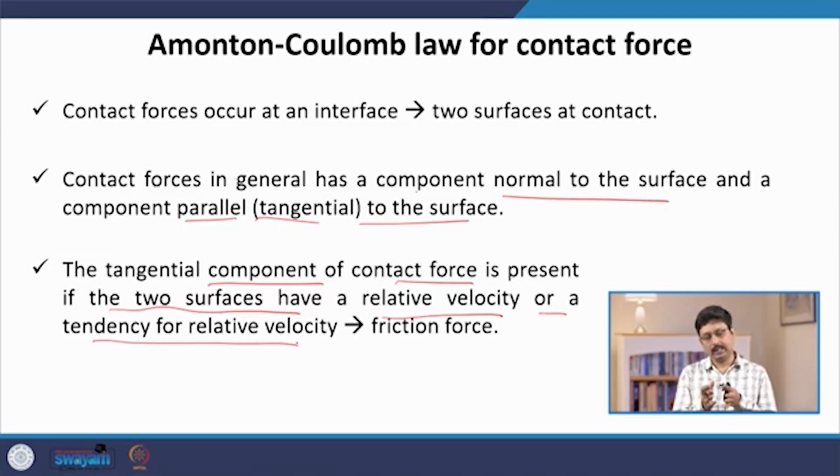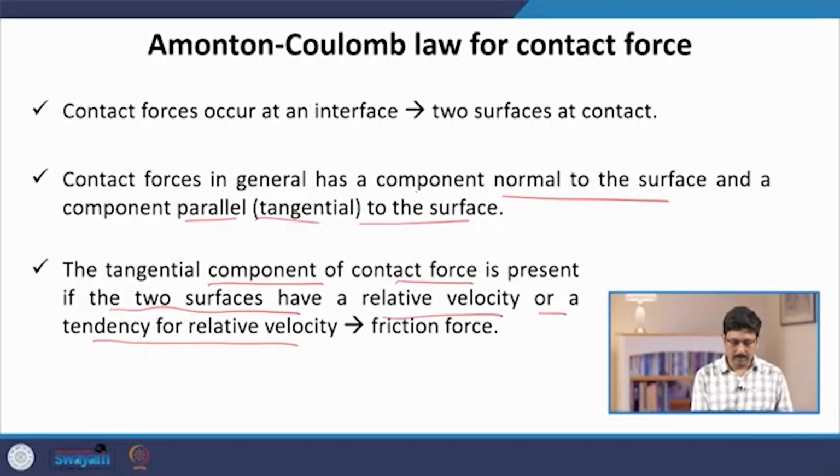This is crucial, because it may happen that I apply some horizontal force on this book, but if my force is small enough, the book will not move, but it will have a tendency to move. So, this tendency is crucial, and if there is a tendency for relative velocity or actual relative velocity, then this horizontal component is the friction.